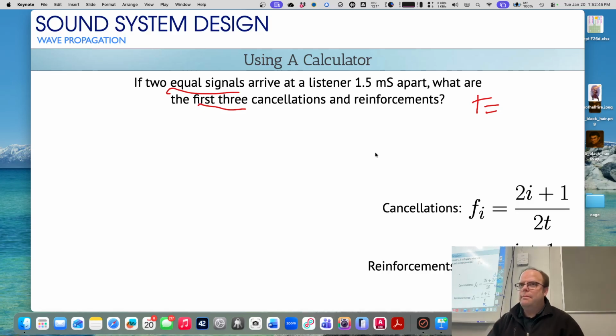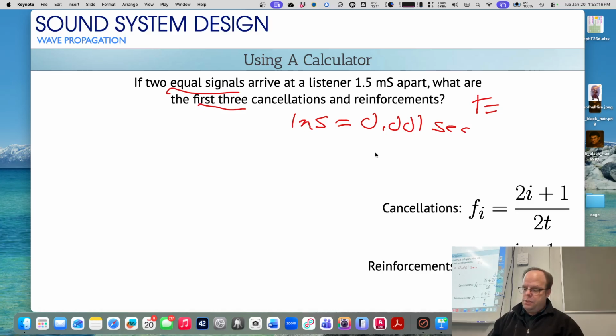1,000 divided by 1.5. No. Close, though. Okay, so let's say, what is 1 millisecond expressed in seconds? So 1 millisecond equals 0.001 seconds, because milliseconds means it's 1,000 milliseconds per second.